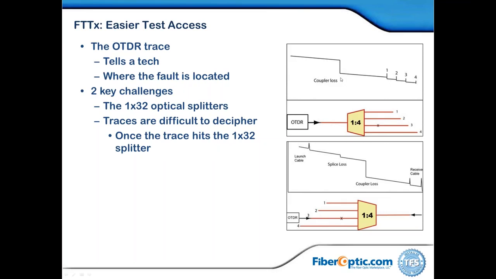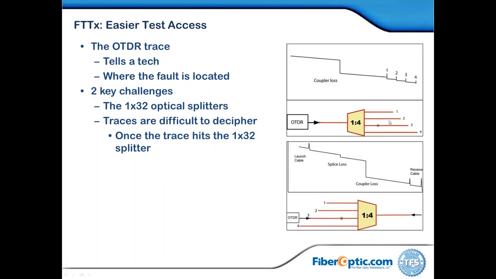You saw the splits. Some of them could be 9, 10, 17 dB, depending on the dB losses through the splitters. The OTDR is basically only capable of really following one trace if I shoot through at a time. I might get something that looks like a coupler loss that you see up here. With the 1x30, it's difficult to decipher once the trace hits a 1x32 splitter.